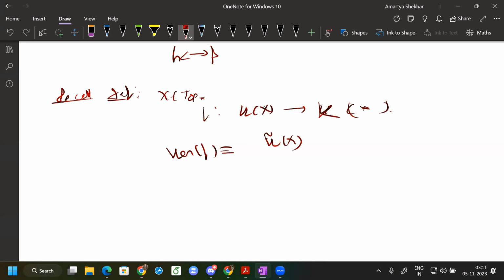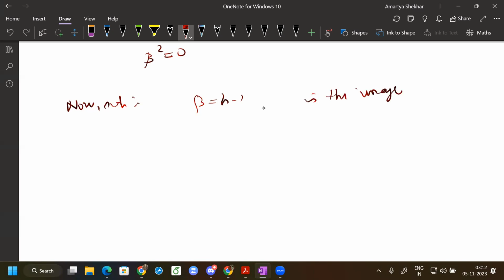Sorry about the handwriting again. I totally see how much it sucks. Right. So we can actually prove that the Bott element also squares to zero. So now note that the Bott element is the image of H, and it's 2.